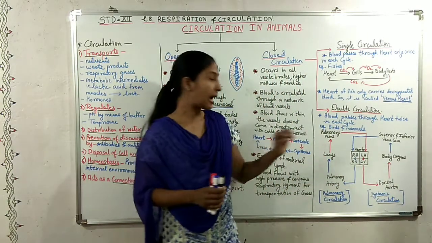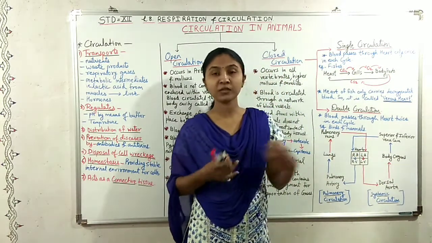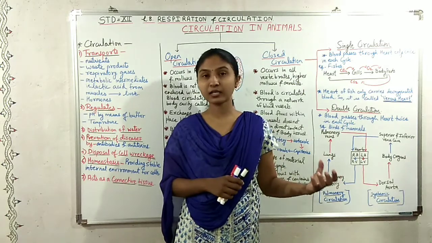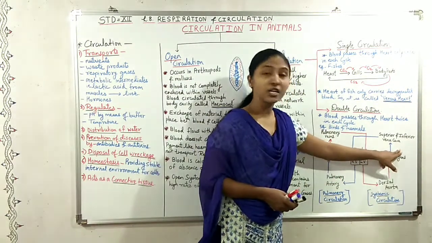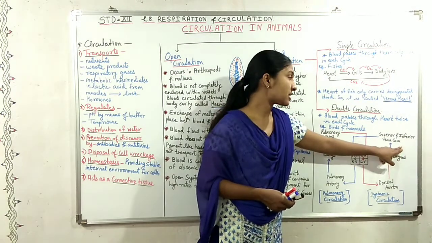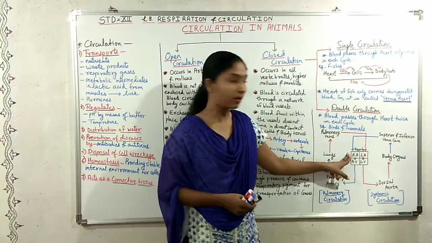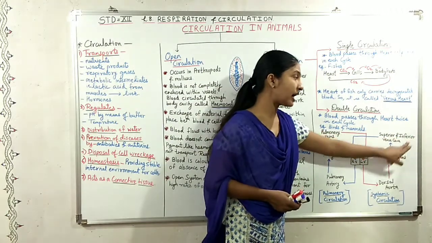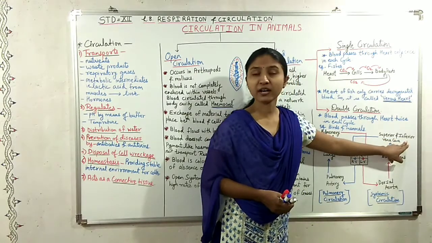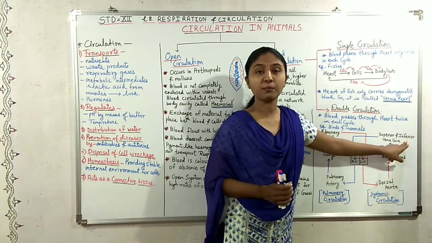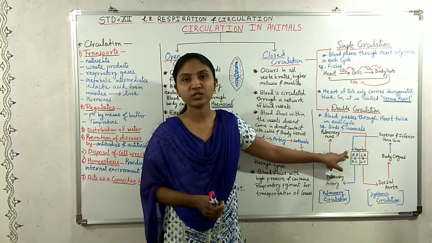the body. And here in the different parts of the body, the oxygen is used up. The carbon dioxide which is given by the tissues or the cells is taken by the blood. And that deoxygenated blood is again circulated to the right atrium through the superior and inferior vena cava. So these superior and inferior vena cava bring the deoxygenated blood to the right atrium.